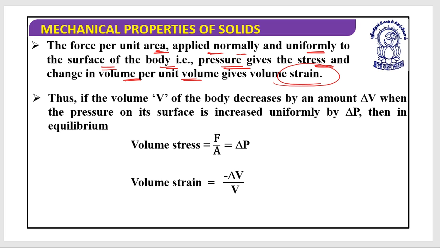Strain is change in dimensions divided by original dimensions. If the volume V of the body decreases by delta V when the pressure on its surface is increased uniformly by delta P, then in equilibrium the volume stress is F by A, which we write as delta P, and the volume strain is minus delta V by V.